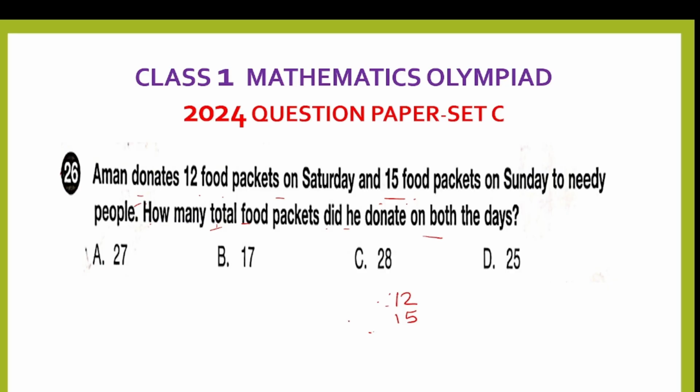So we have to find the total packets, so we need to do addition. 12 plus 15: 2 plus 5 is 7 and 1 plus 1 is 2. So there are a total of 27 food packets he donated on both days. So option A is the correct answer for the given question.